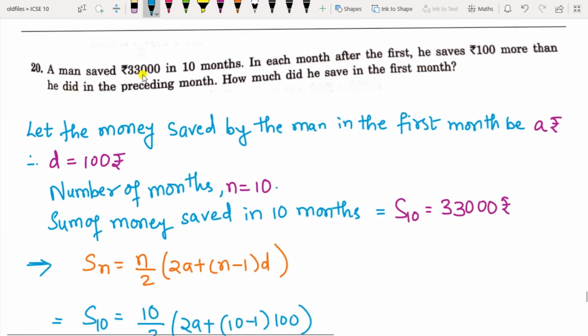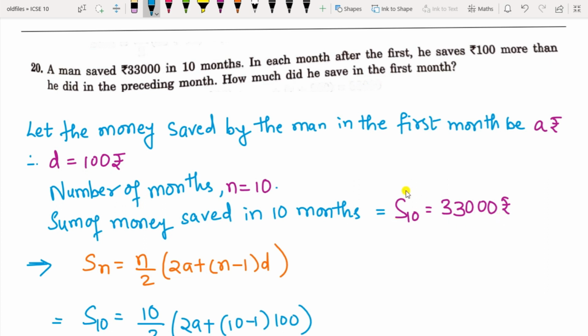A man saved 33,000 in 10 months. In each month after the first, he saves 100 more than he did in the preceding month. How much did he save in the first month? Let the money saved in the first month be A rupees. The difference is 100, the total months n is 10. The sum of the money saved in the 10 months is given as 33,000 rupees.